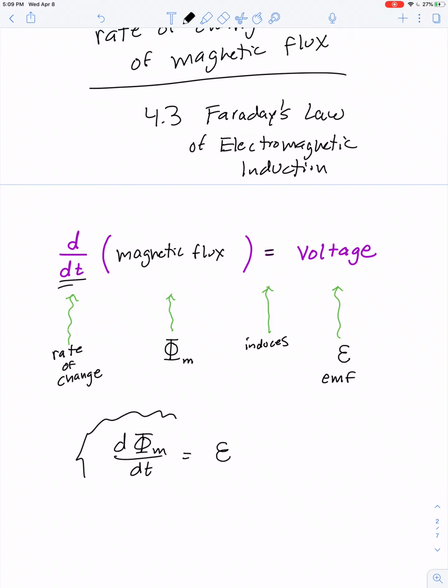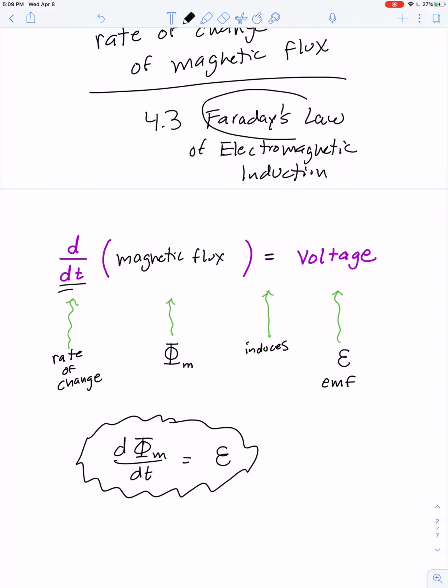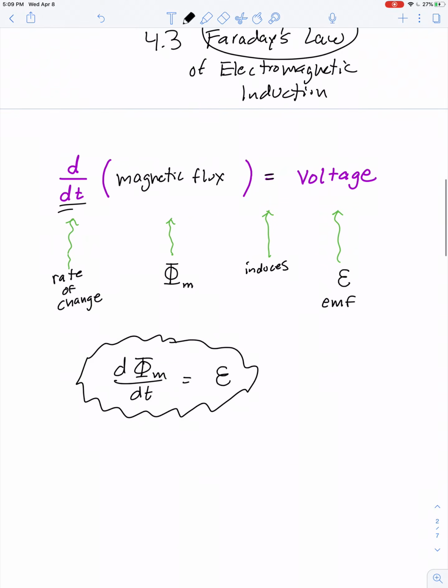Well, that's almost right. Usually when we write this statement of Faraday's law, we transpose the equation. Okay, so that's not much of a change. EMF is equal to d flux dt. What we got wrong in this first statement, we left out an important negative sign. Now that negative sign has to do with something known as Lenz's law.